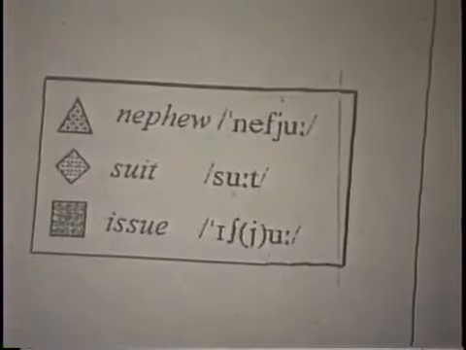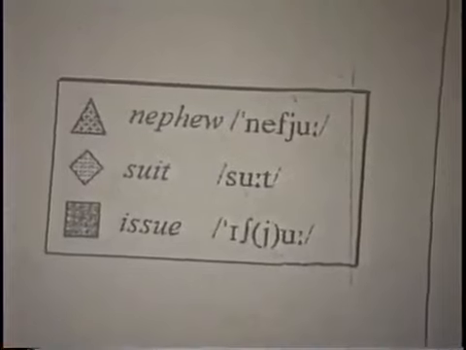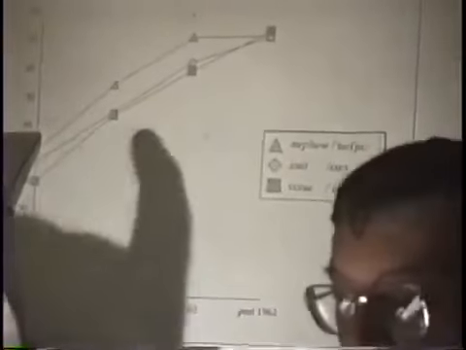And the last one on this handout, which isn't on the handout, is the word issue or issue. This is the number of people who prefer either issue or issue, that's with a sh in it, as against the older pronunciation issue. And you can see again a steady increase as we go from the older to the younger people.